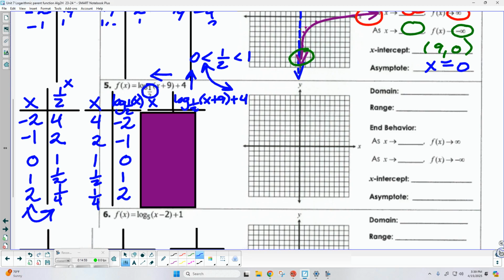Now for the third one, this is where we're going to bring in the transformations. Okay. So think about what I would do with the 9 and 4. Is the 9 going to apply to the x's or the y's? Why the x's? Because the 9 is joined directly with the x. Okay, it's the horizontal.